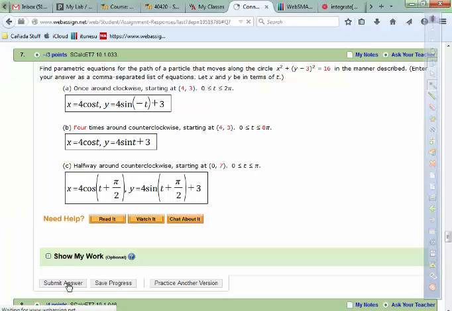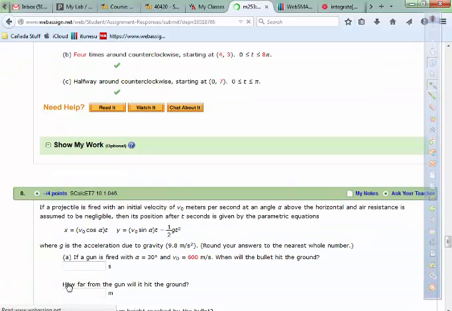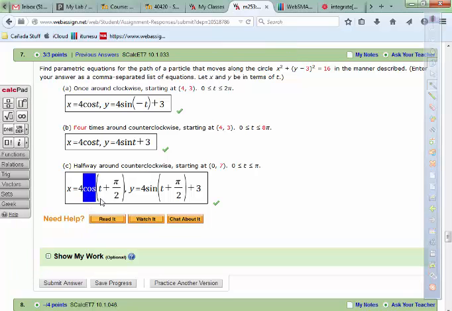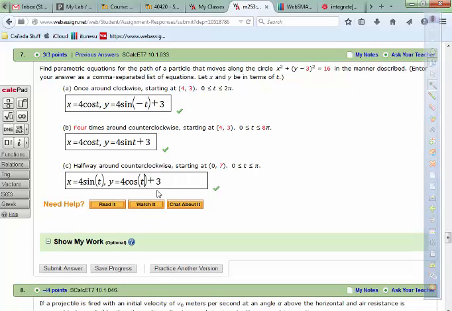I don't know if this is going to be all correct, but I wanted to see if we could change our answers too, with that idea about switching. If we switch to sine and cosine here, remember that this is going to go in a different direction.